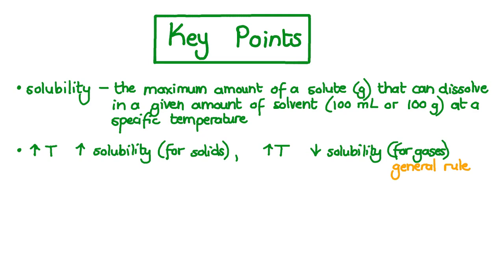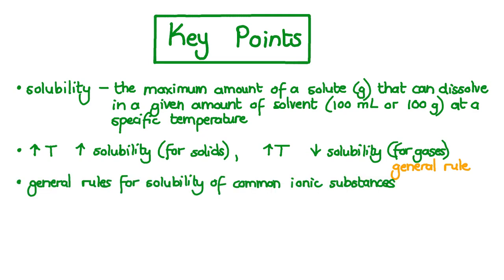But this is just a general rule. We used a table to look at the general rules for the solubility of common ionic substances in water, and learned that we can use this table to predict whether the product of the reaction between two aqueous solutions will be a precipitate or an aqueous product.